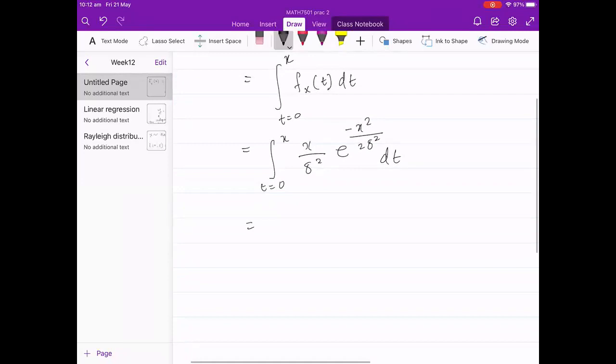How would you proceed to find this integral? Anyone? What would be your first step?